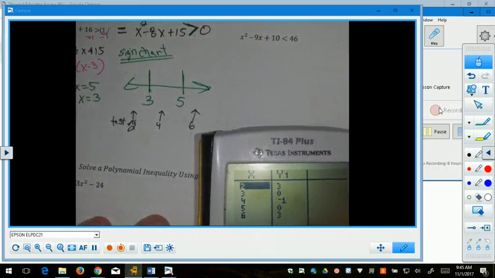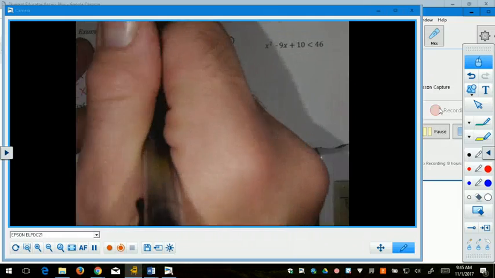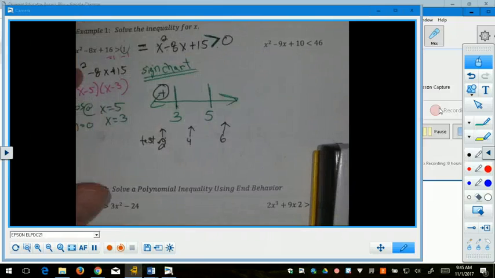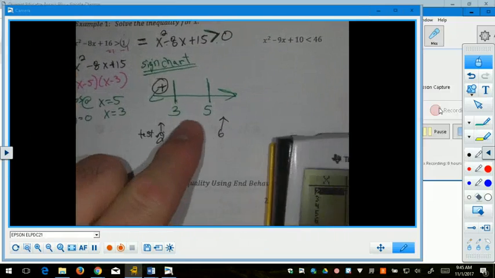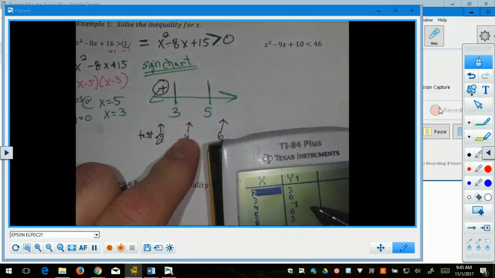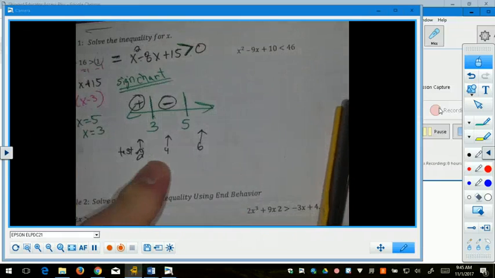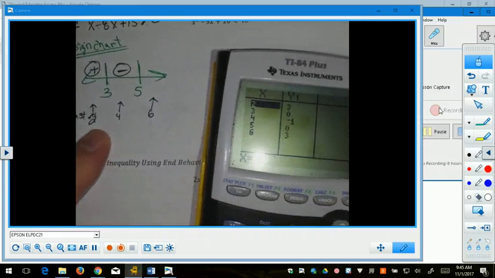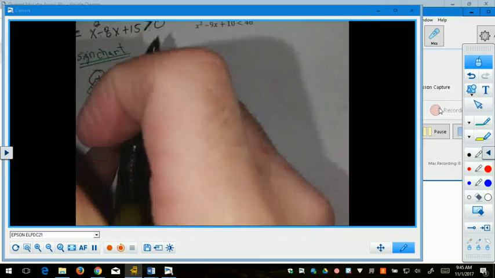And I can see that to the left of 3, I have a height that's positive. So I put a plus sign to the left of 3. And I can see that between 3 and 5, which were my zeros, I have a negative output when I put in 4. So that means that's where it falls below the x-axis. And to the right of 5, which is what I get when I plug in 6, I get a positive answer.